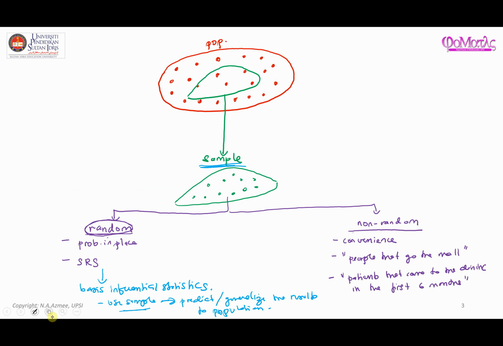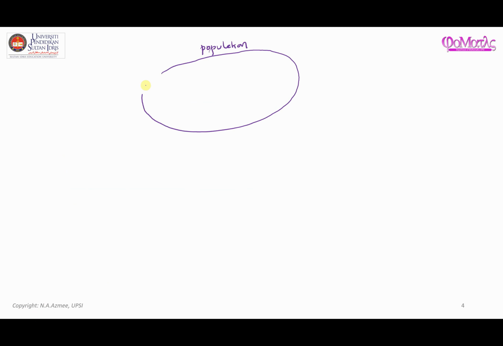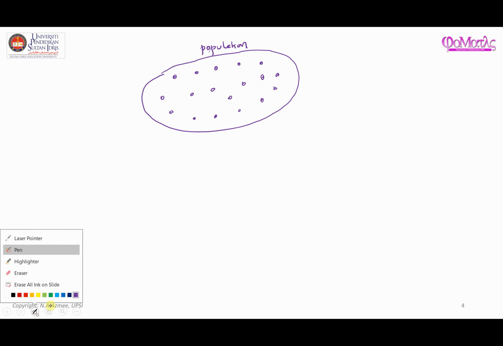Again, let's say we have a population. Here is our population. What is population? It is just the collection of all elements that you are interested to study. But for practical reasons, usually we can't study all the elements in the population.